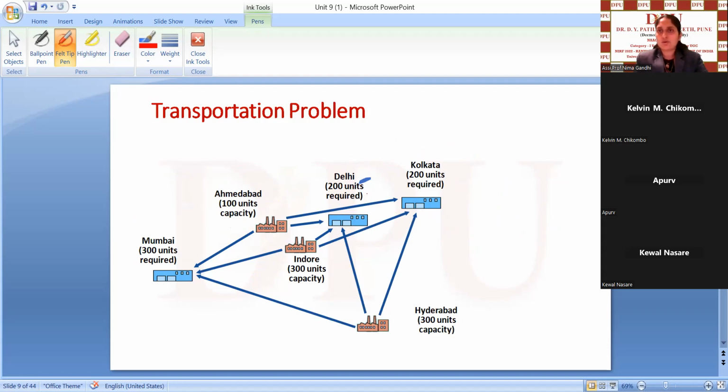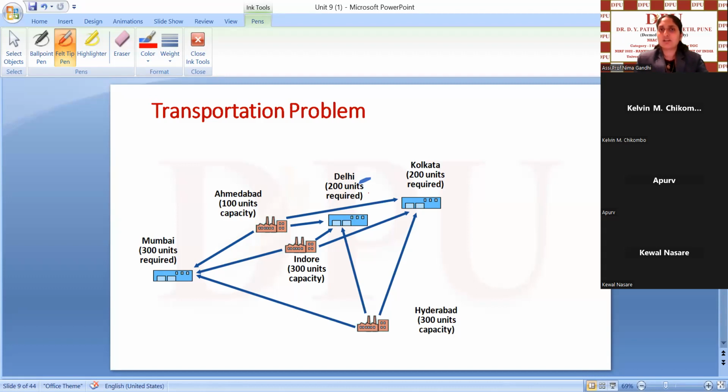From Indore also they can transport their products to Mumbai, Delhi, or Kolkata. The third factory is at Hyderabad, and they can also transport products from Hyderabad to Mumbai, Delhi, or Kolkata. So the transportation is always possible.